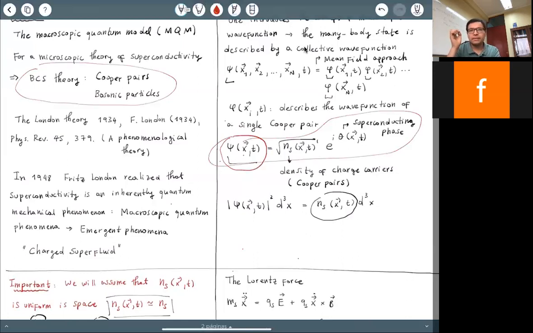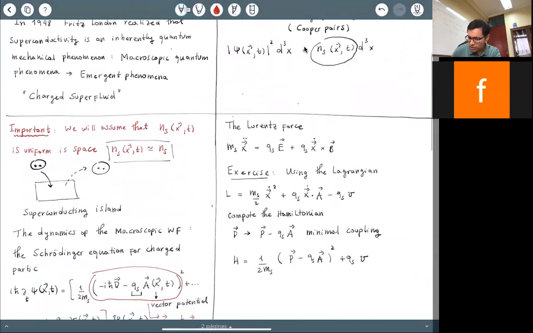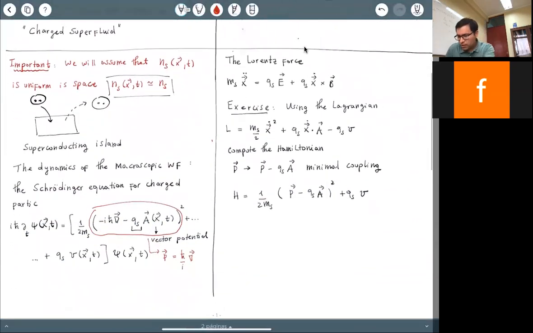And the superconducting phase for the superconductor as well, how the superconducting phase changes. But here, this vector potential that appears here, you have some external source for this vector potential.